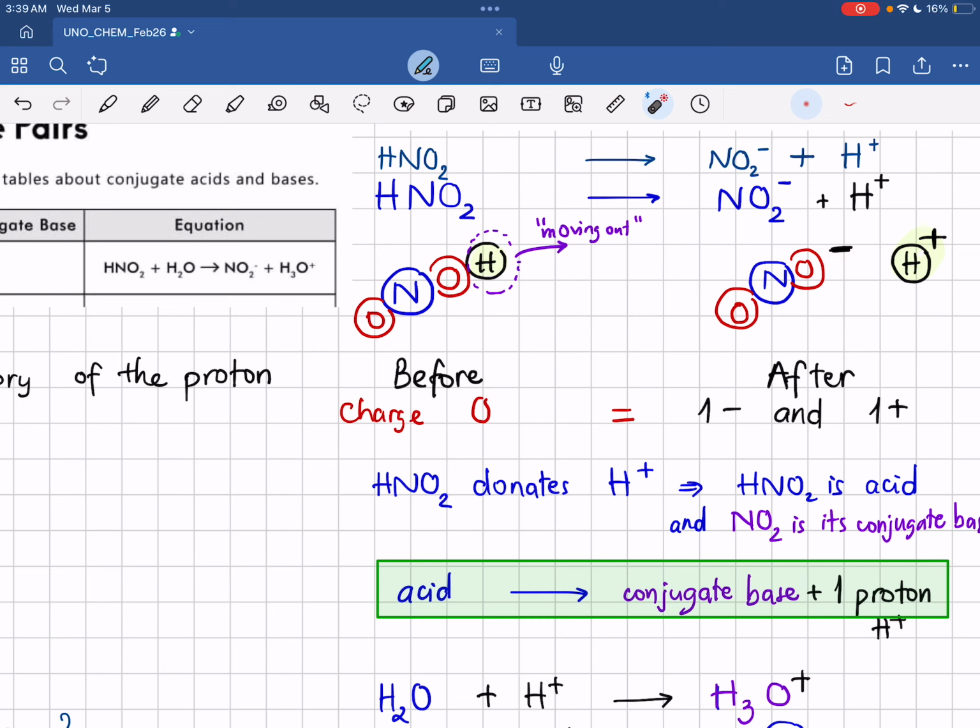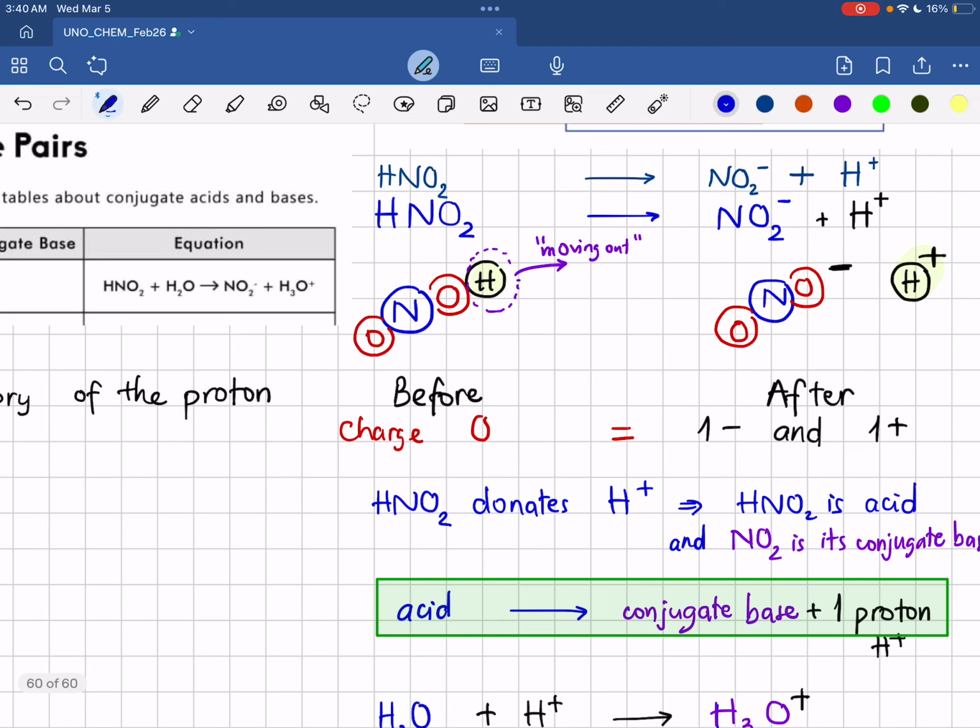Okay, but basically we can see that the whole molecule is donating the hydrogen. This is a hydrogen nucleus, or more accurately a proton, plus. So that's why this one has a negative charge here.